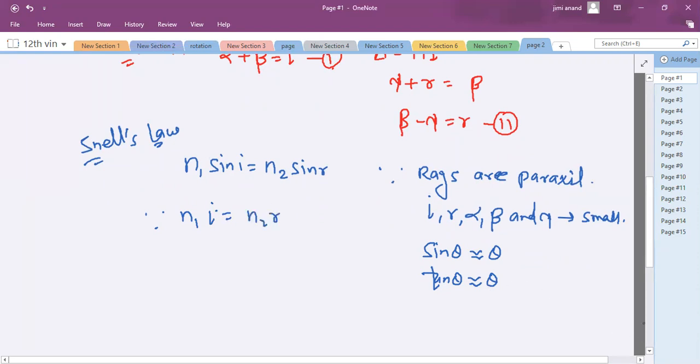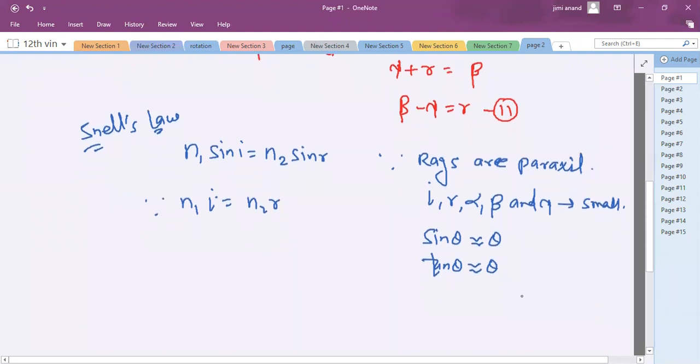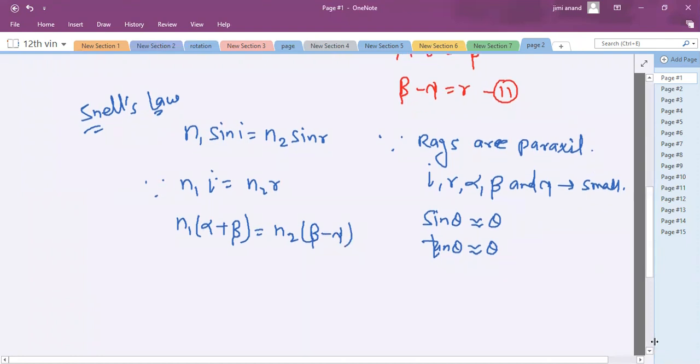So see the equation. What is i? Alpha plus beta. We can write n1 times alpha plus beta. What is n2 times r? From equation 2, r is beta minus gamma.